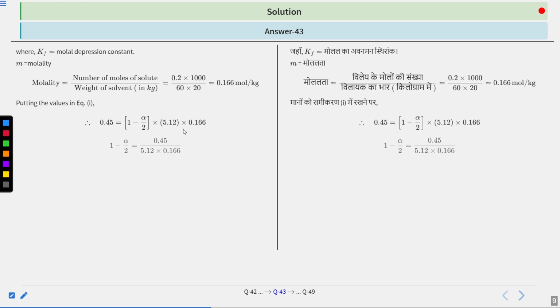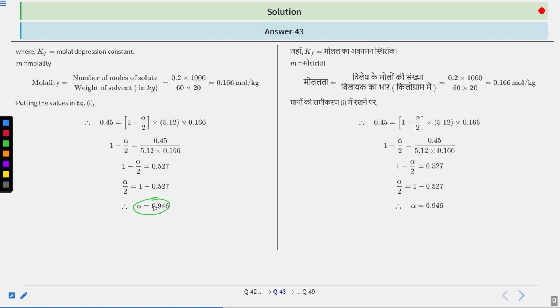If I calculate it further, cross multiplying 5.12 and 0.166 to the left side, and solving this whole multiplication, we will get 0.527 equals 1 minus alpha by 2. Or we can write alpha by 2 equals 1 minus 0.527. Or at last we can write alpha equals 0.946.